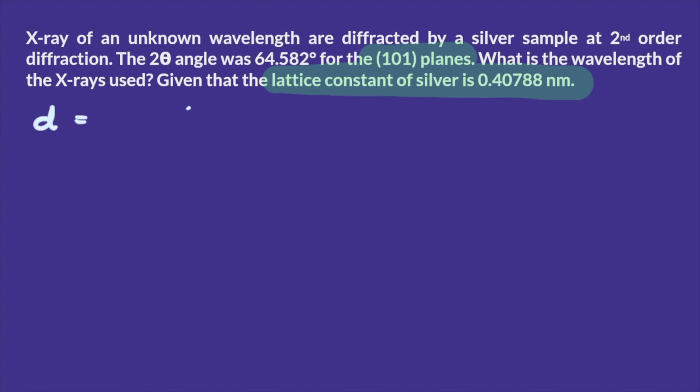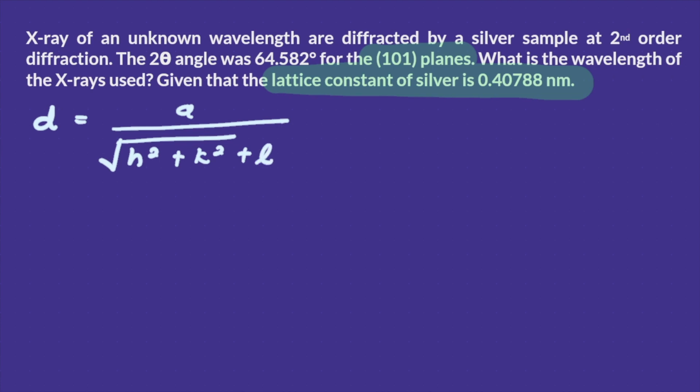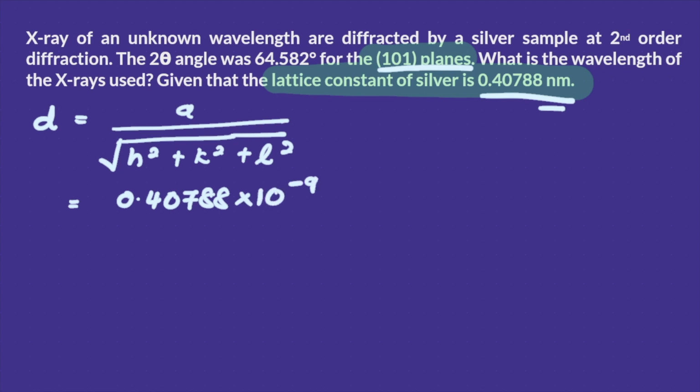So d is equivalent to a divided by the square root of h square plus k square plus l square. This value is from the plane. The value of a is 0.40788 nanometer. Since it is in nanometer, we need to convert it into meter, so we times 10 to the power of negative 9.